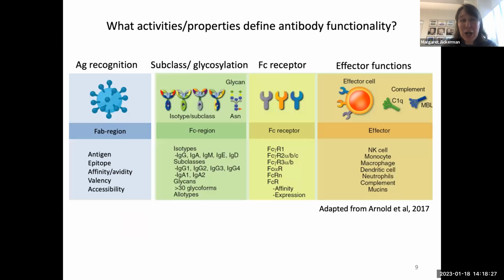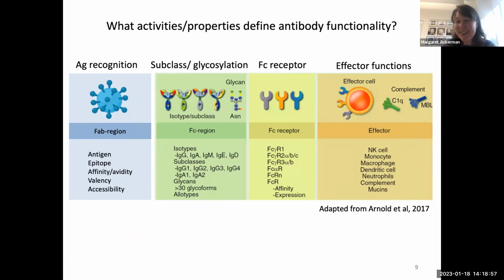But it's a really complicated landscape. There are many activities and properties that will influence the in vivo efficacy of a polyclonal antibody response or the efficacy of monoclonal antibody therapies or cocktails. And so we pay a lot of attention to those that are Fab dependent and relate to antigen recognition and neutralization. But there's a whole host of downstream parameters, and biology is pretty efficient.